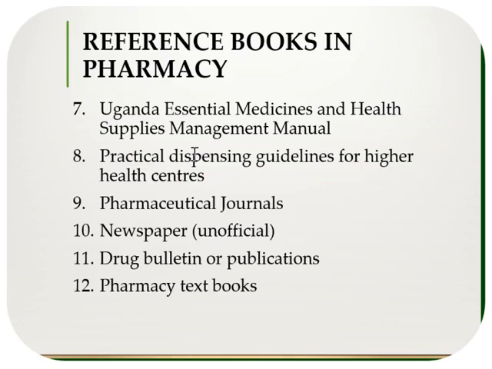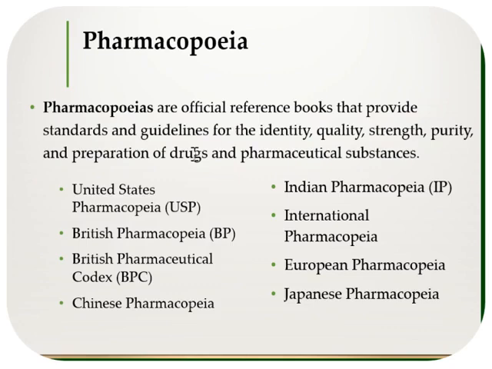Some of you may also have your notes in pharmacies as reference materials. Those are not official. There are very many reference materials, but I will just list those that you are going to find on pharmaceutical products, because we are going to talk about pharmaceutical product identification.